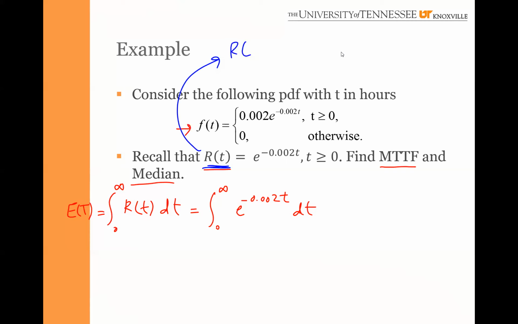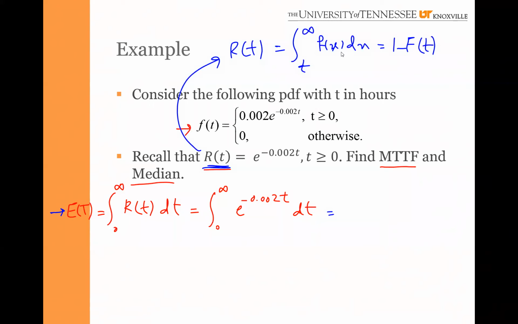R(t) will be the integral from t to infinity of f(x) dx, or 1 minus F(t). You can calculate it, but here I'm just giving it to you to be able to use this shortcut formula, this other equation.